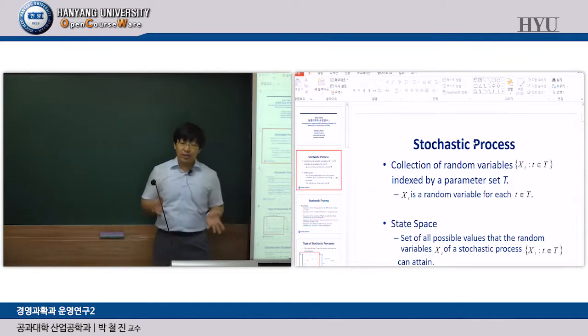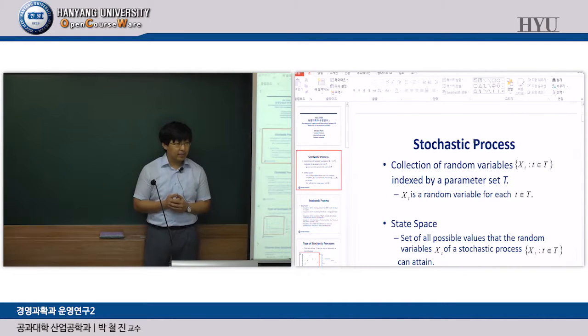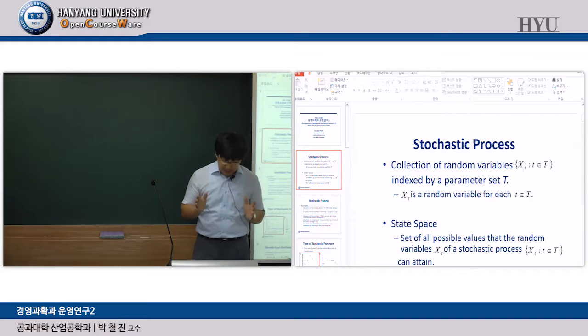Every stochastic process has its own state space. The state space is the set of all possible values that X_t can take, for any time t.